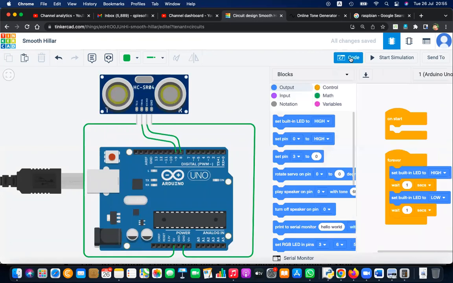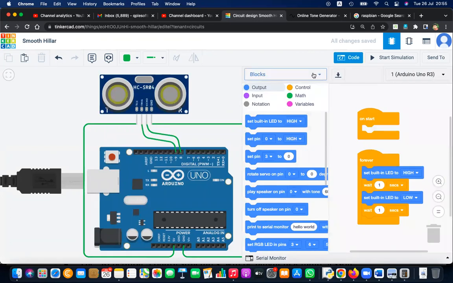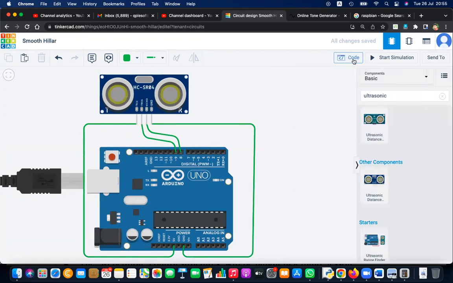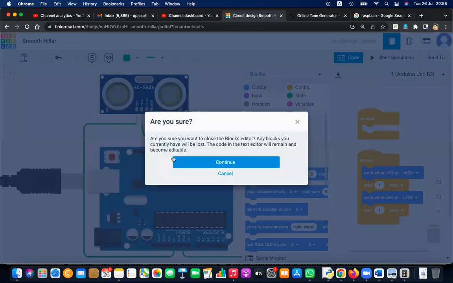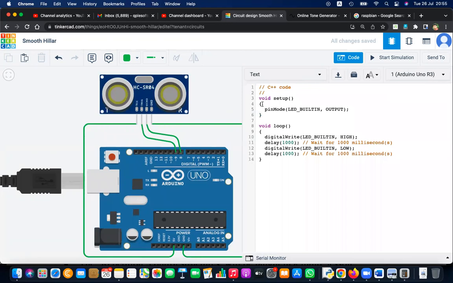Let's start the coding. In the coding, please select text mode, right? When you click the code, block mode comes first, but just select the text mode. It will ask a question, do you really need it? Yes, continue. First of all, you have to define your trigger pin and echo pin.